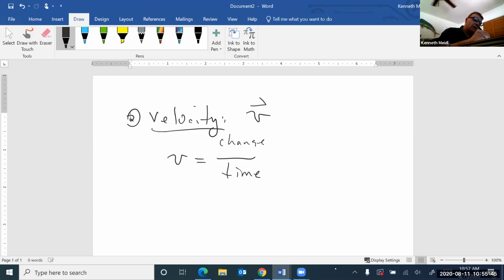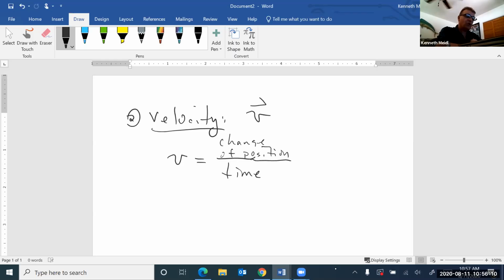Change of position. Velocity is the rate, something per time of a change of position. And there's no reason why we can't write it this way. We just don't. We always have a shorthand notation, and so this is always part of what a student has to kind of cope with: what does this notation mean?